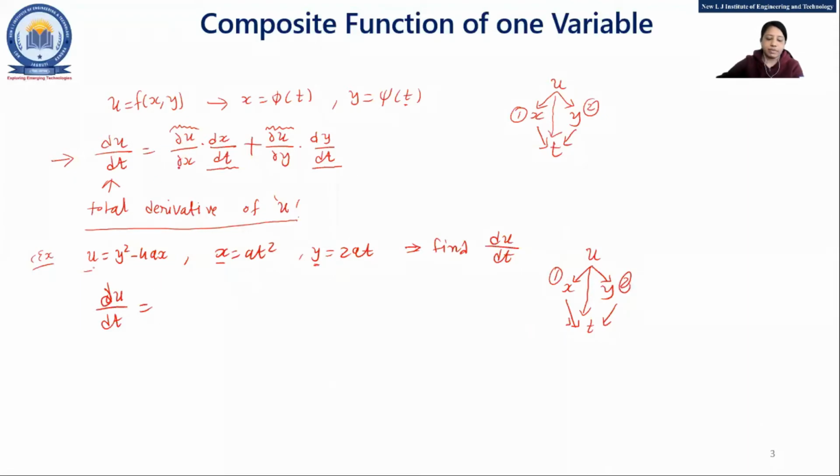It is the same as the previous equation. Del u by del x into dx by dt, because there is only one variable t, plus del u by del y into dy by dt. Is there any doubt here?